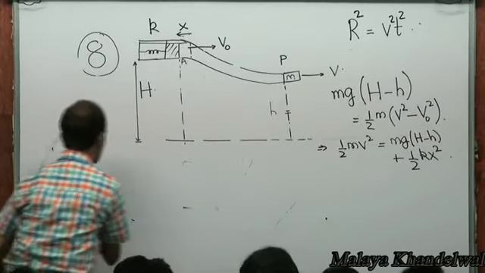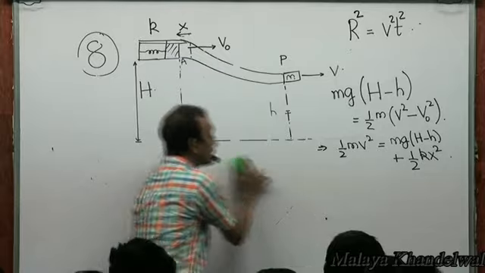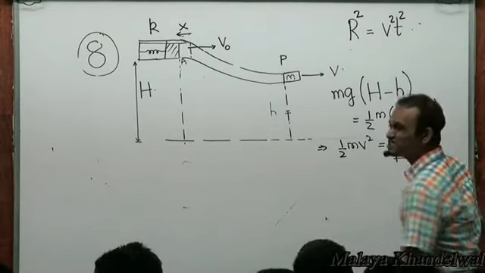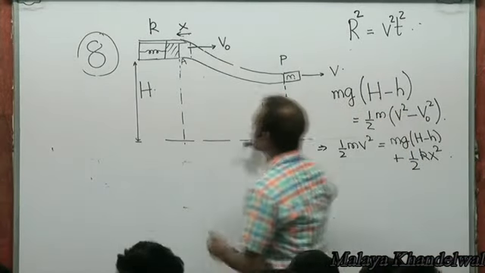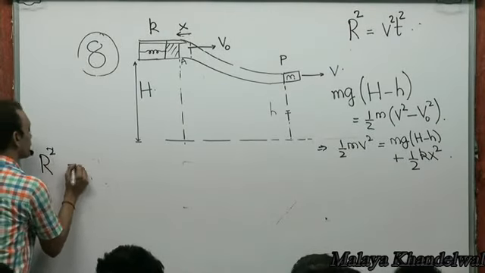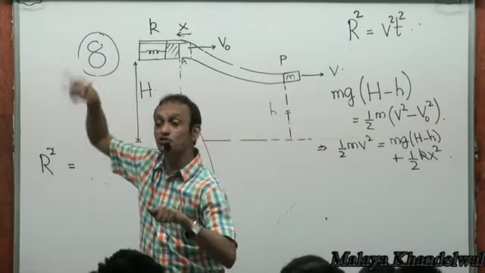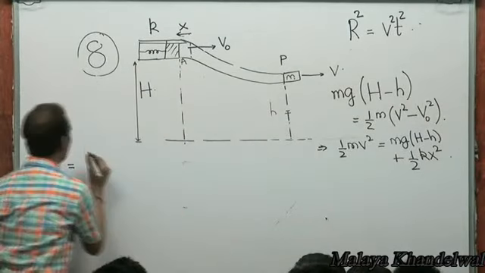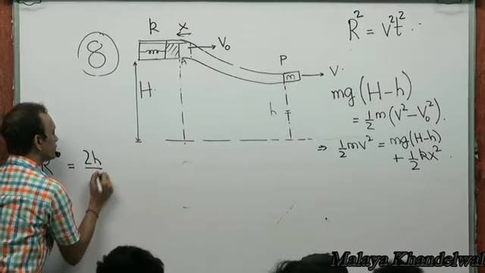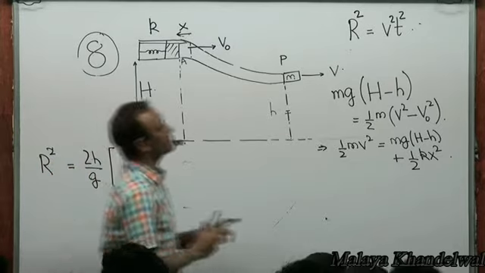Now the physics part is over. It's just the algebra which has to be gracefully managed. R squared is v squared t squared. T squared is 2h by g, so t squared is going to be 2h by g into v squared.